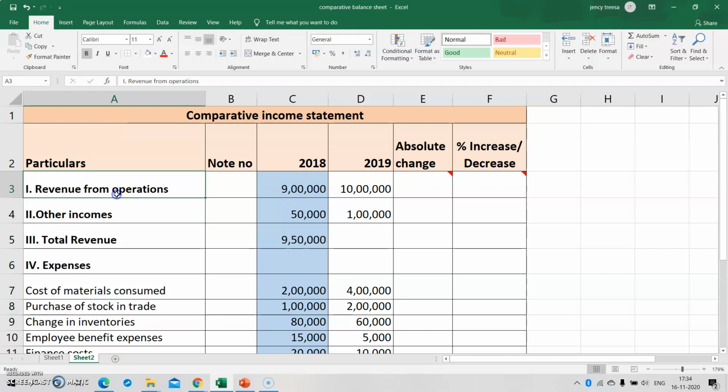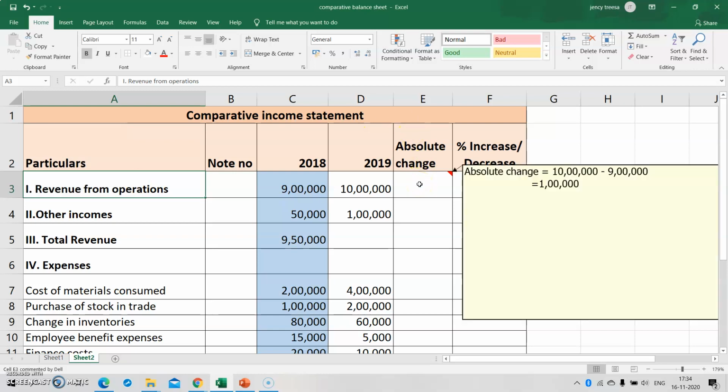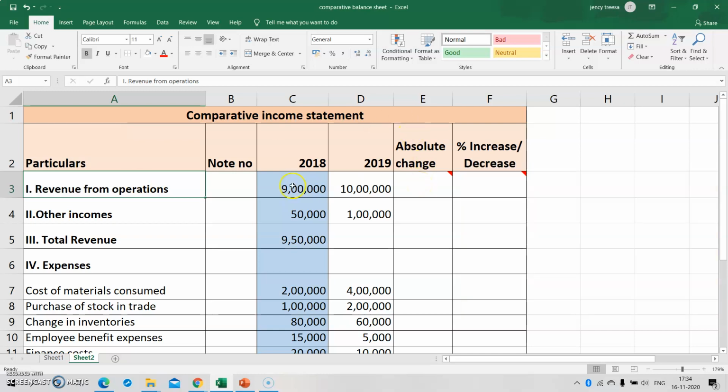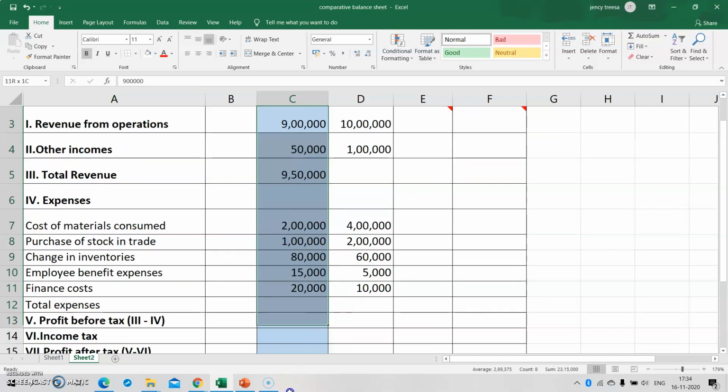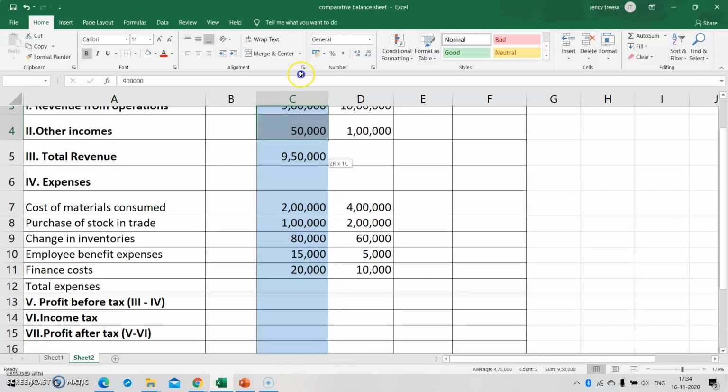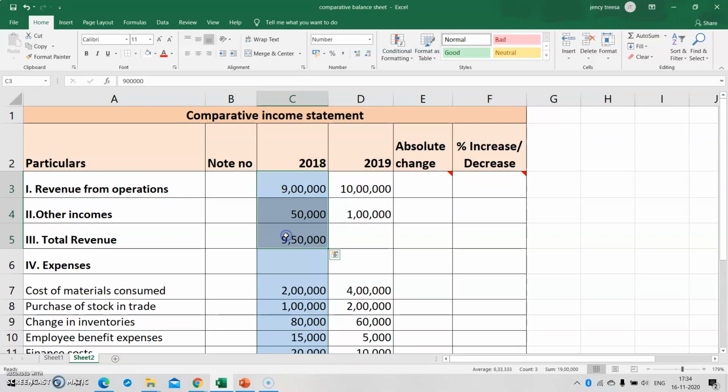Here the different line items of the income statement will be given, but in a balance sheet, as you know, the assets as well as the liabilities will be given. So how will you find this out? The absolute change will always be based on the base year's figure. The first year given serves as the base year, which I have highlighted in blue.